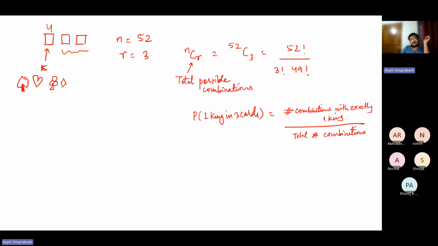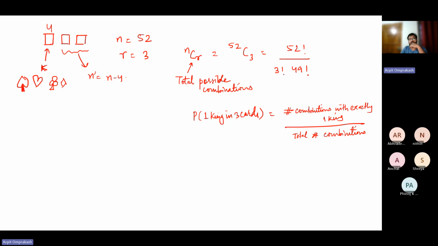And then we have to see how many combinations we can get for the other 2. This is simple. In this case, our n prime will be n minus 4, since we are removing all the king cards because we don't want any more kings here. So we'll be choosing from cards which are not king. It doesn't matter what suit of king we have here, but these cards cannot be king.